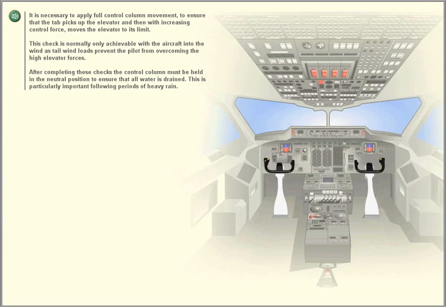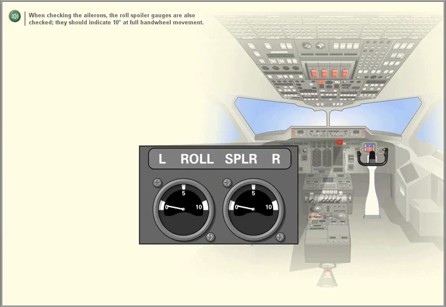After completing these checks, the control column must be held in the neutral position to ensure that all water is drained. This is particularly important following periods of heavy rain. When checking the ailerons, the roll spoiler gauges are also checked.